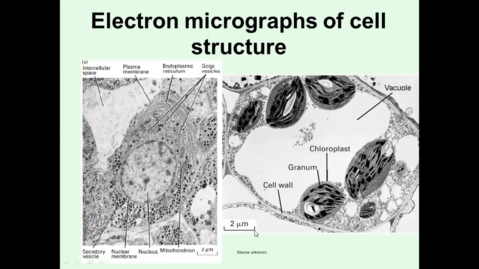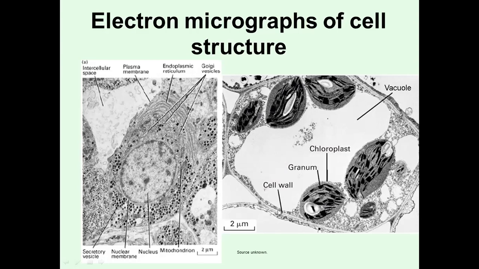This distance on the image equals that distance in actual reality. And this line scale can be used to measure how big, how long, how wide, whatever anything is on this micrograph.